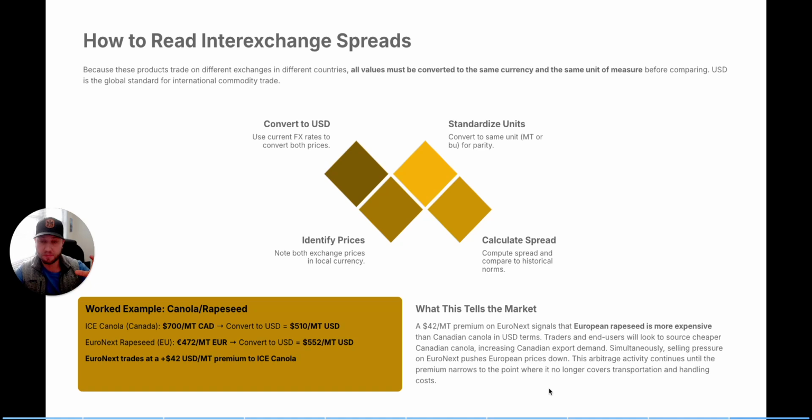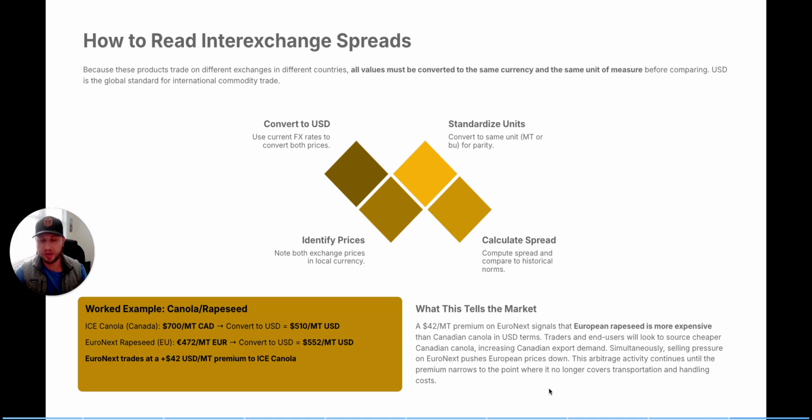Now, that premium, or that spread I should say, will also have to exist to cover the difference in shipping and all those added costs on the logistics side to actually get the product there. So this 42 might say, hey, yeah, that's plenty enough for someone to buy canola out of North America and ship it to the EU and make an arbitrage opportunity, right?